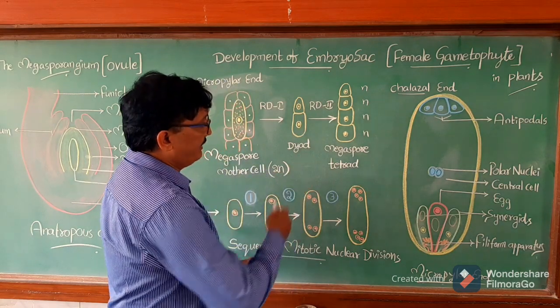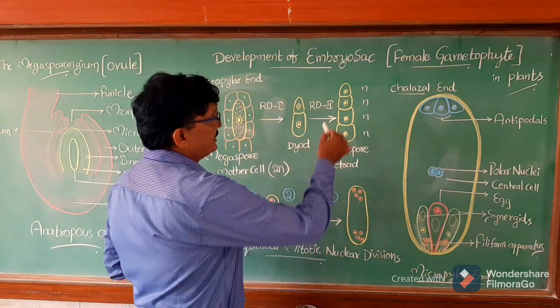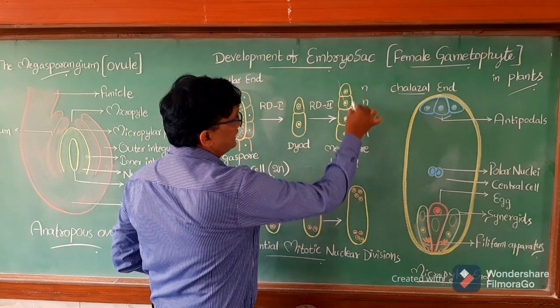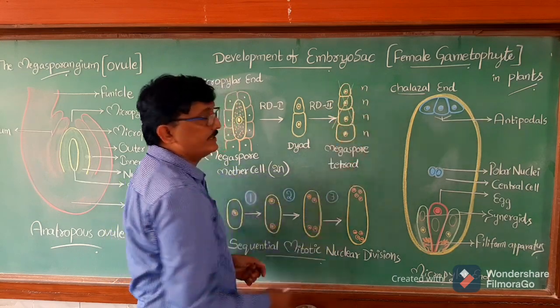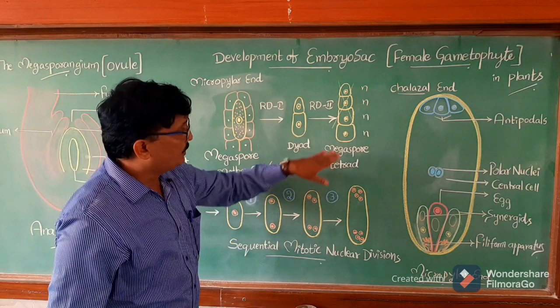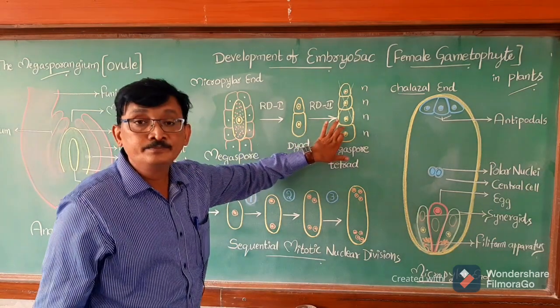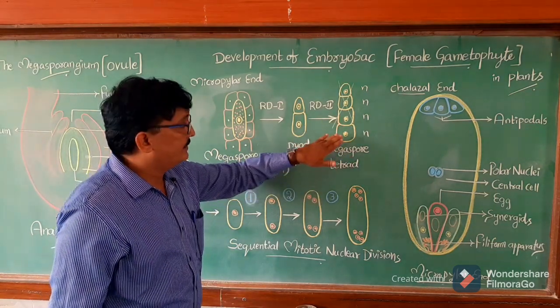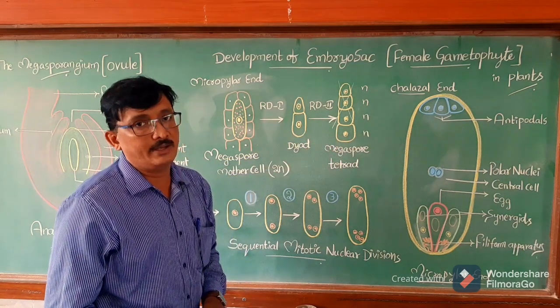In these 4 megaspores, 3 megaspores are going to disintegrate. The megaspore which is near the chalazal region will be the functional megaspore.